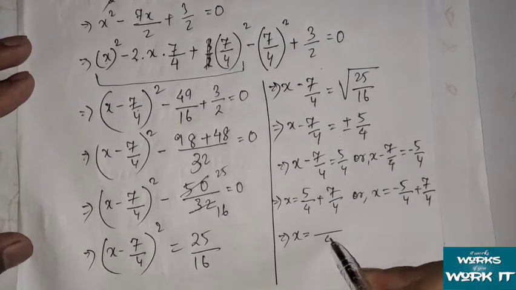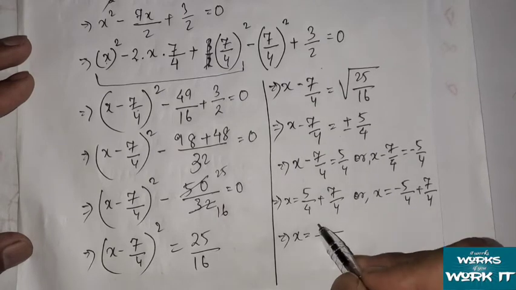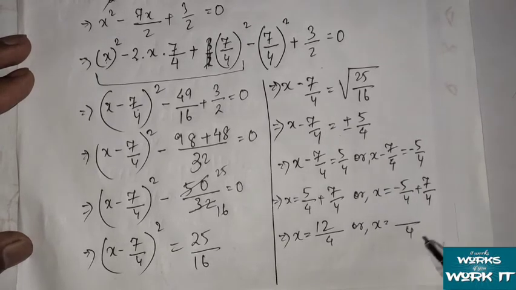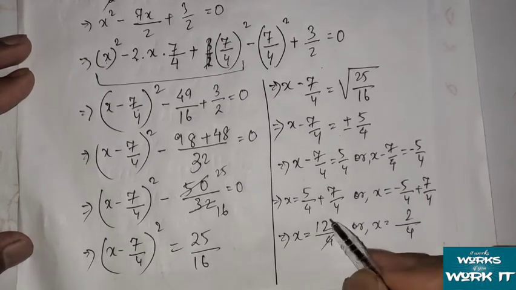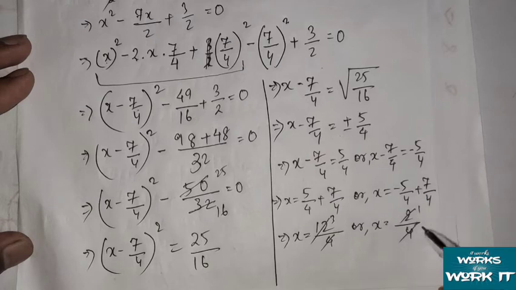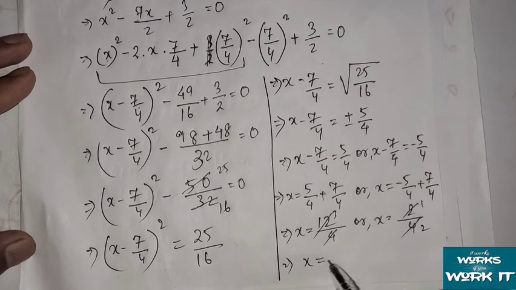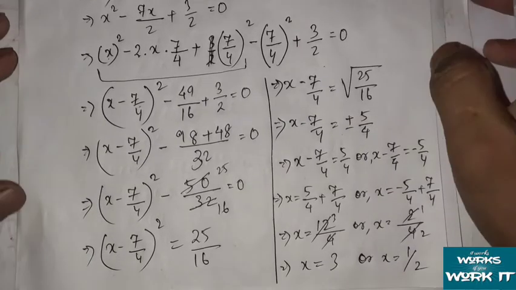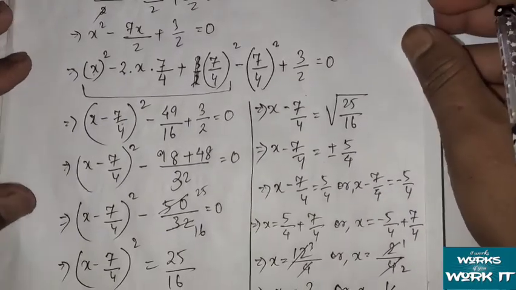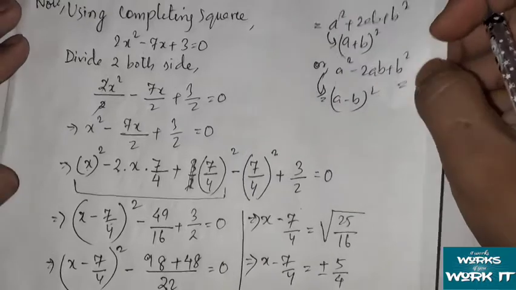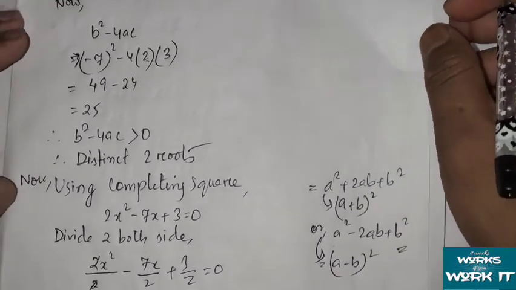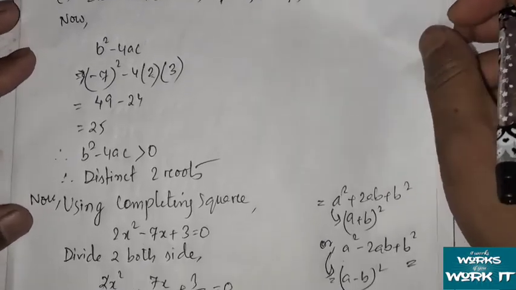So it will give us 4, denominator is same, so 5 plus 7, it gives us 12. So x will be equal to 4 and 2. So 4, 3, 2, 1, 2, 2. So x will be equal to 3, or x will be equal to half. Okay, so go through the video nicely in order to understand the completing square method. We will do again in the next solution using completing square.